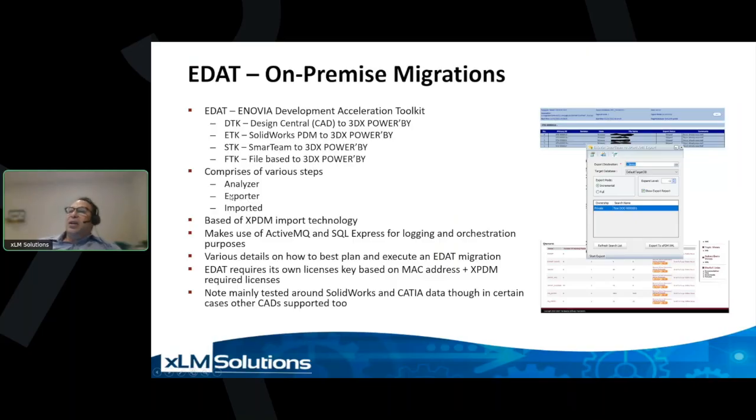You could have already exported parts and they're being imported, and now assemblies are being exported, in parallel of the parts being imported. Obviously, this handles full revision history, full property mappings. It pretty much can handle all sorts of different data migration requirements.